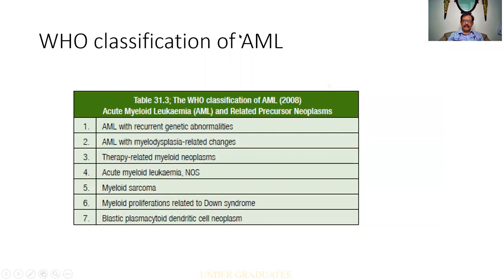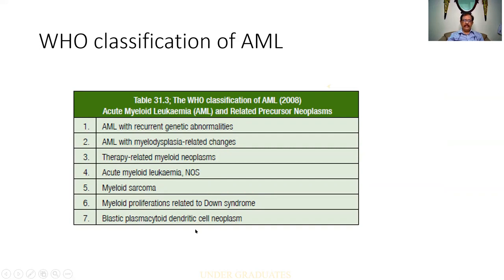There is another method of classifying, which is called the WHO classification. There are 7 points in it. I find that there are recurrent genetic abnormalities, myelodysplasia related changes, therapy related neoplasm, acute myeloid leukemia not otherwise specified, myeloid sarcoma, myeloid proliferation related to Down syndrome, and blastic plasmacytoid dendritic cell neoplasm.